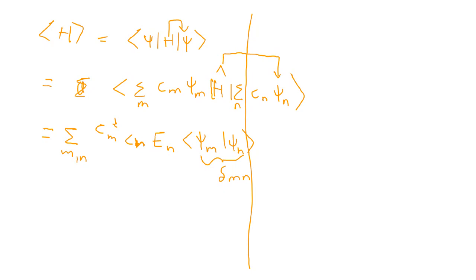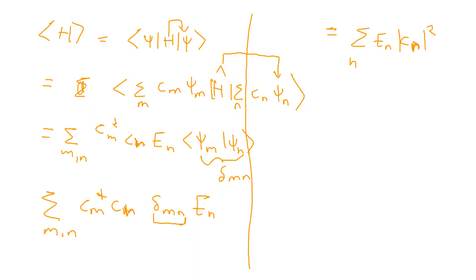So you end up with the sum over m n of cm star cn delta mn, but there is that En then. So this vanishes unless m equals n. So you end up with the sum over n of En cn squared.